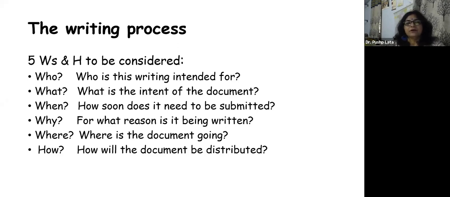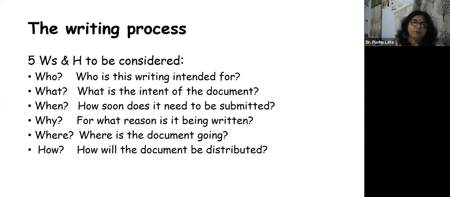So there are 5 W's and 1 H, which we need to keep in mind. One is who. Who is this writing intended for? For whom are we writing? It's very important. In our case, when we are doing research and want to get it published, we should know that even language and style vary from journal to journal.